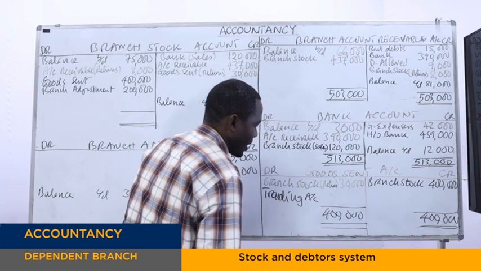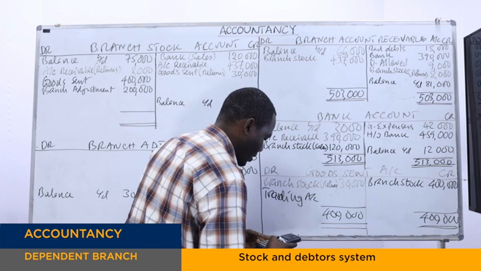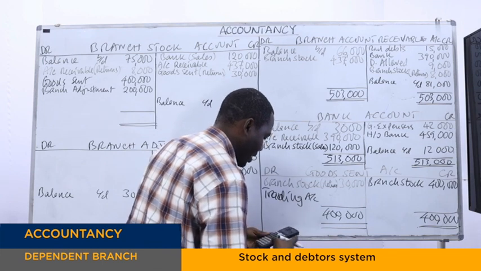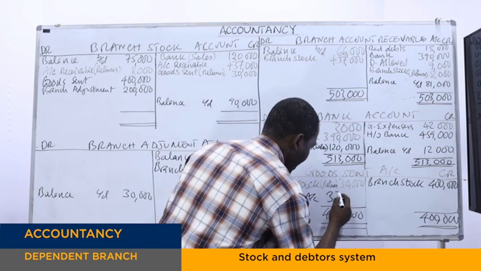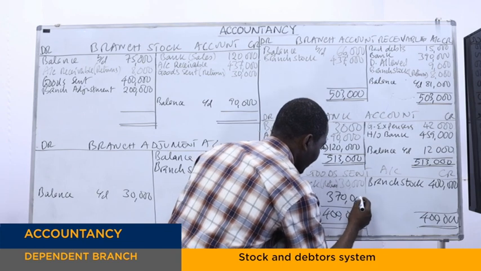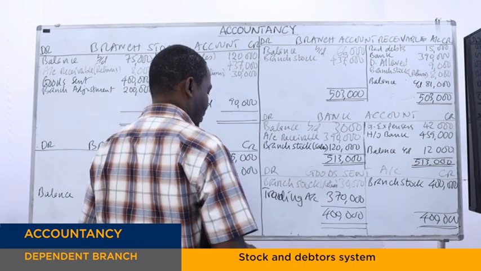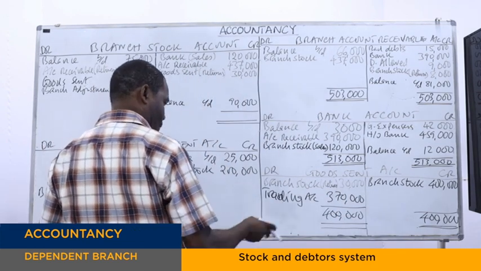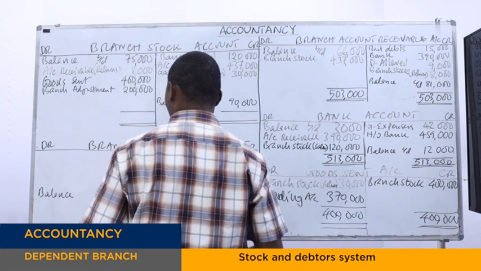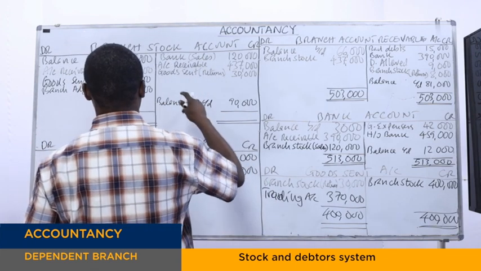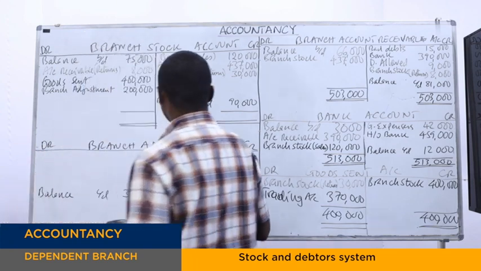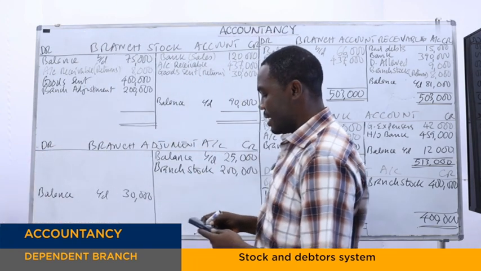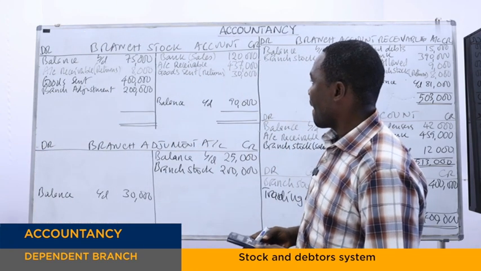If you less the 30,000, we get how much? 400,000 minus 30,000, we get 370. That will be transferred to income statement or trading account. What else? We need to balance this to get any deficiency if it is there.